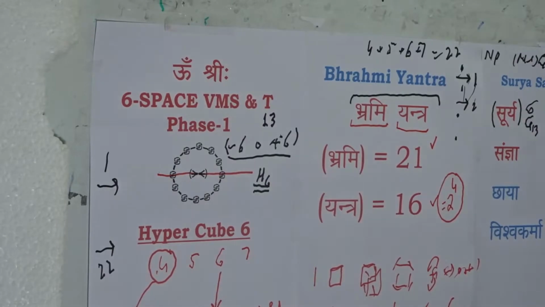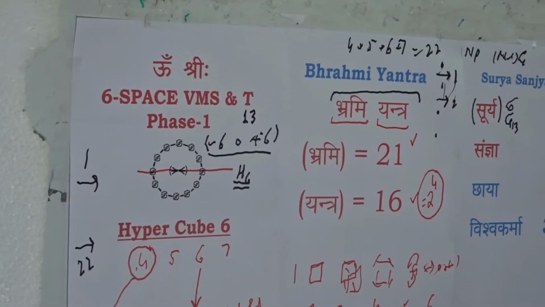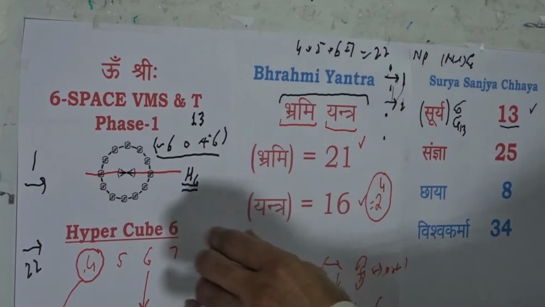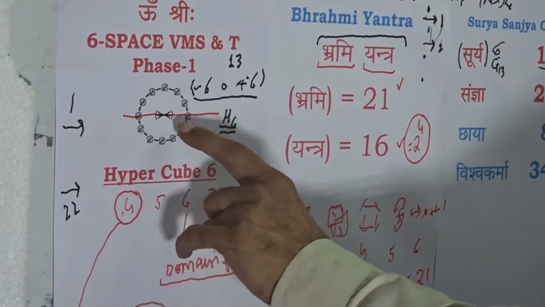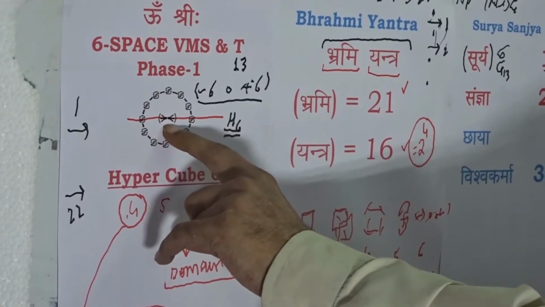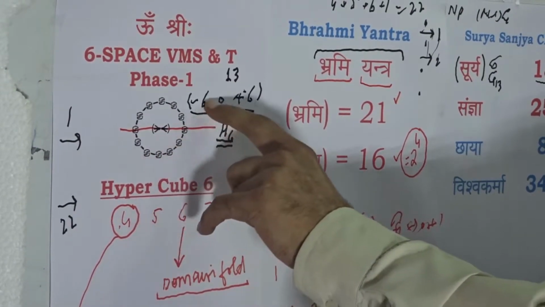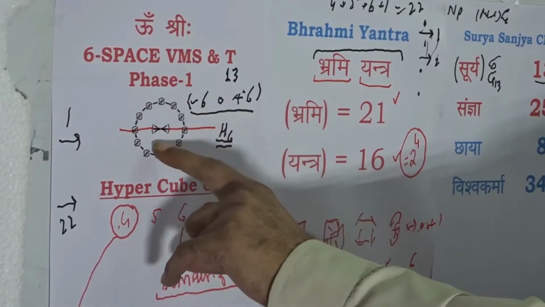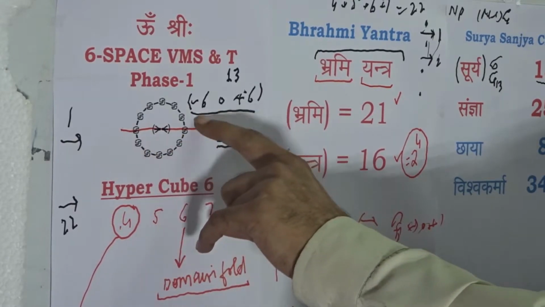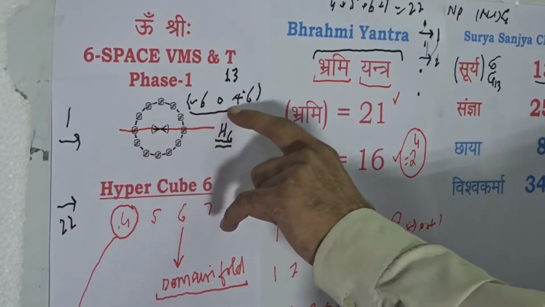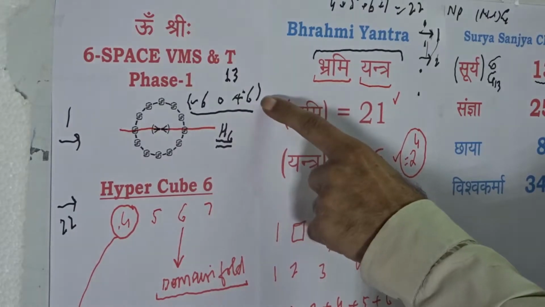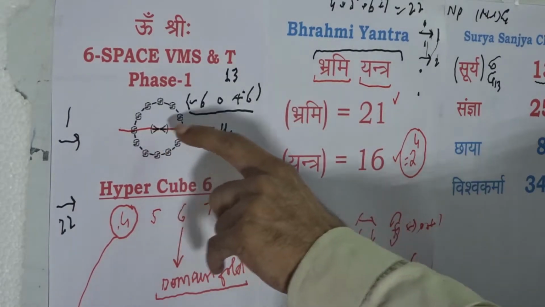Therefore, there are as many as 13 versions of hypercube 6. This 6 space domain is available to us in 13 versions. These 13 versions are the representative regular bodies of 13 geometries range of 6 space.